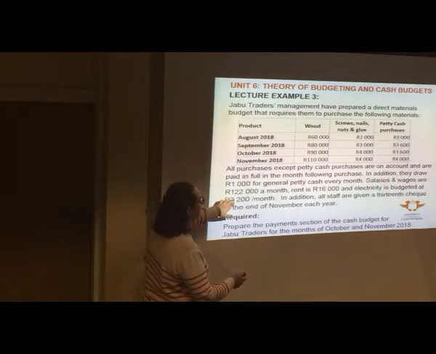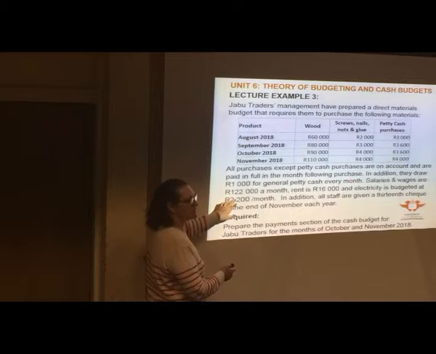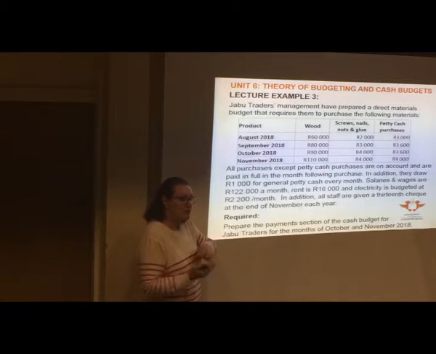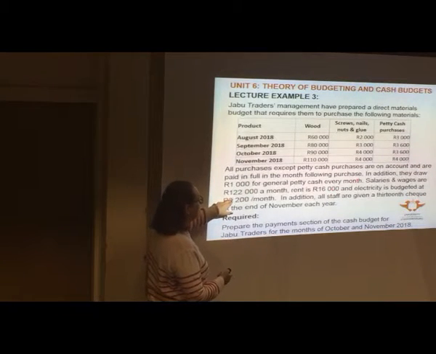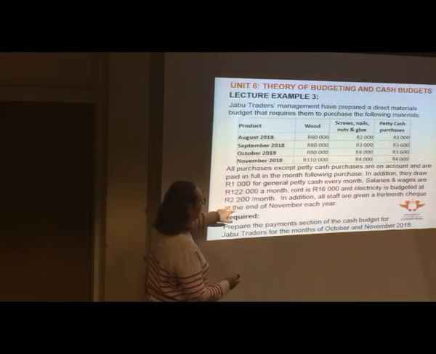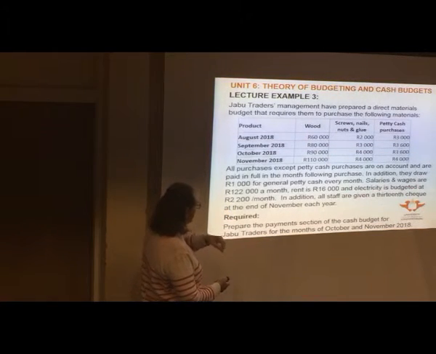Okay, in addition to these petty cash purchases, they draw an additional 1,000 petty cash every month, so that must also be going up, right? Salaries and wages are 122,000 a month, rent is 16,000 a month, electricity is 2,200. You see, look at this.